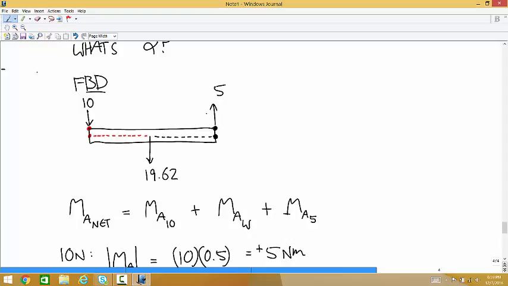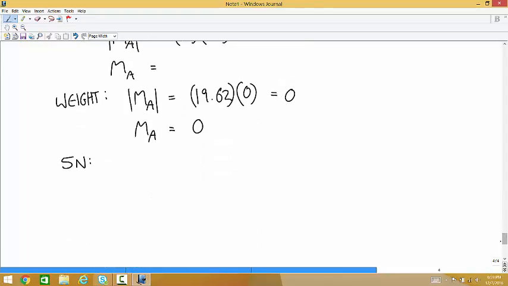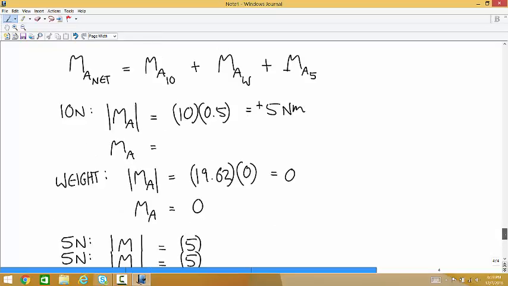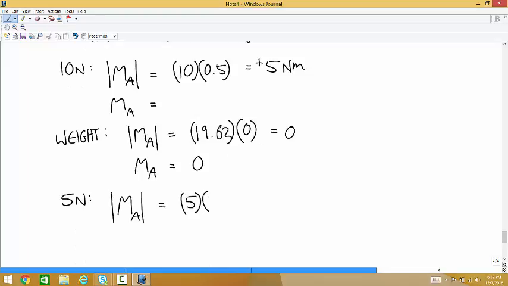And then the line is perpendicular to the force. So the absolute value of the moment is 5 times the length of this black dotted line, which is 0.5. So you get 2.5 Newton meters for the absolute value.